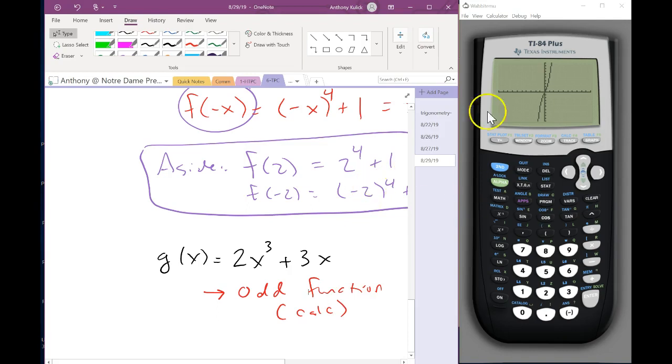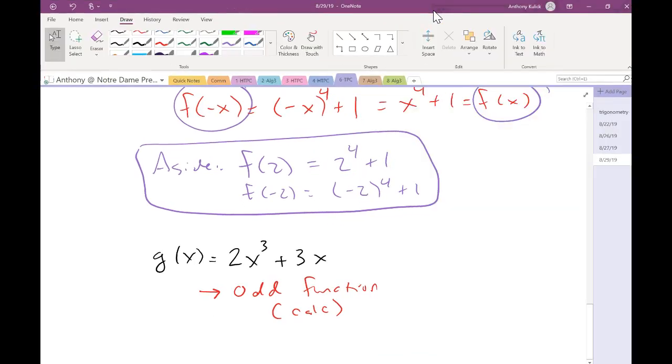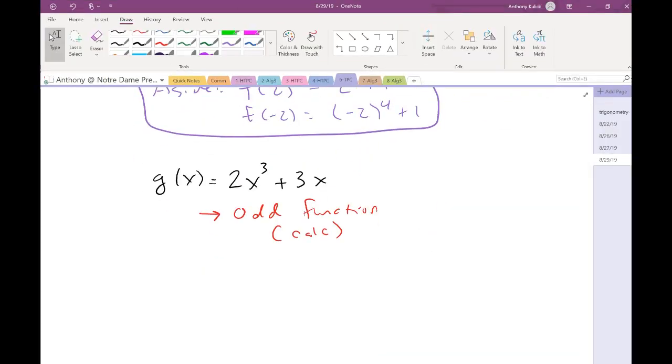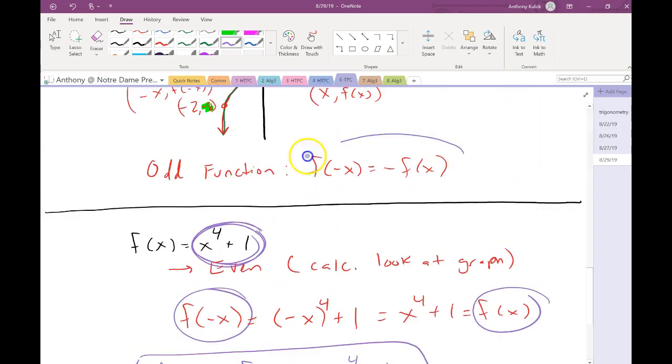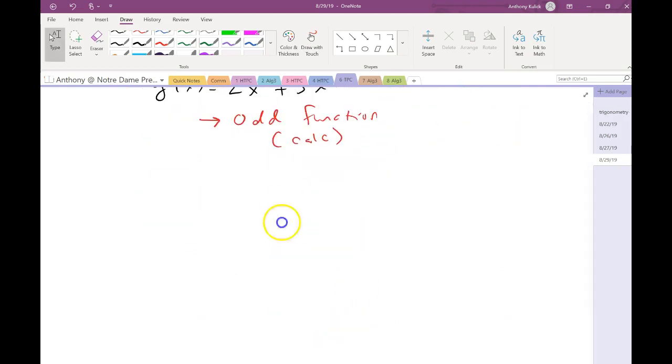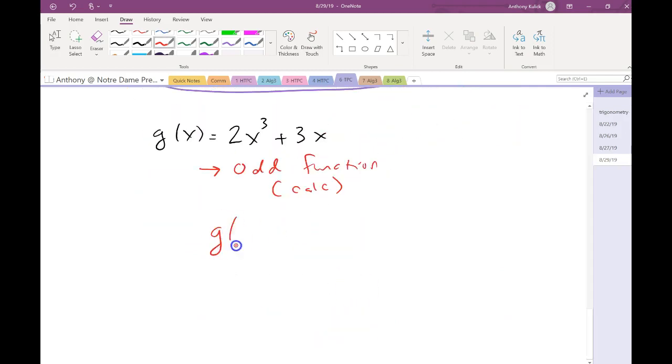And I will play the same hypothetical game that we played before. Suppose we don't have the graphing calculator. Could we do this without it? Absolutely. To do it, we need to use this relationship. Just like I did for the even functions, I'm going to start by computing what g of negative x is. So to do that, what do we have to do?